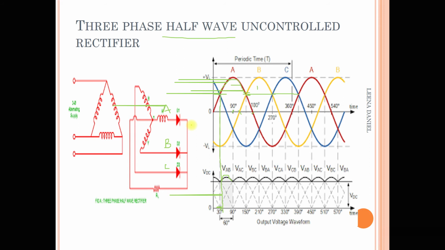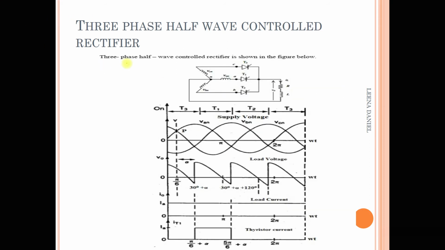So here also, in any positive half, only one diode is conducting at a time. That's why this circuit is known as half wave rectifier. Okay, am I clear?